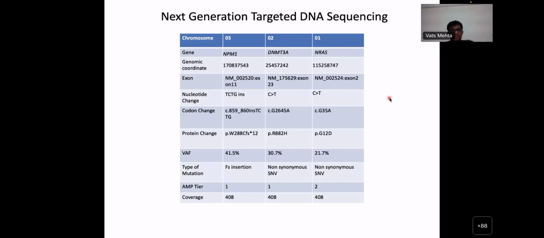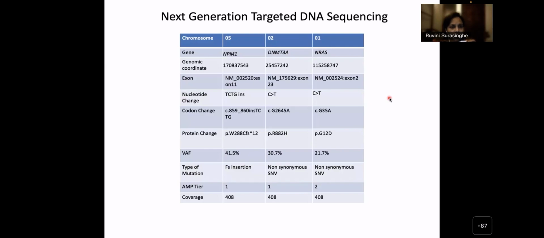Ruvini, any idea? Ma'am, sorry, I lost. Stated the DNMT. Yeah, poor prognosis. Correct.